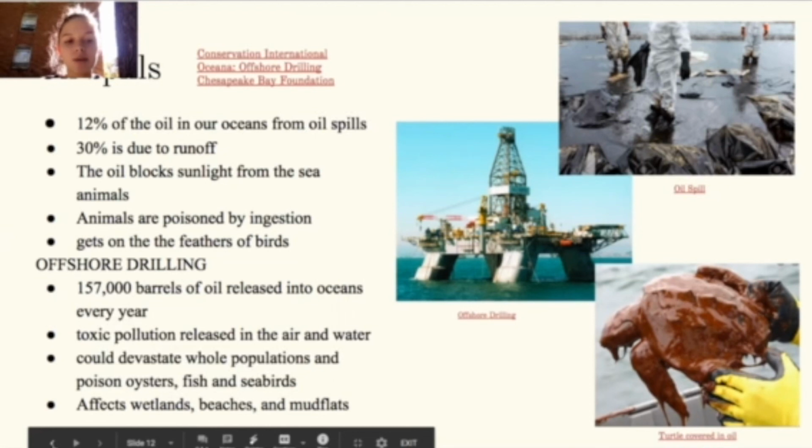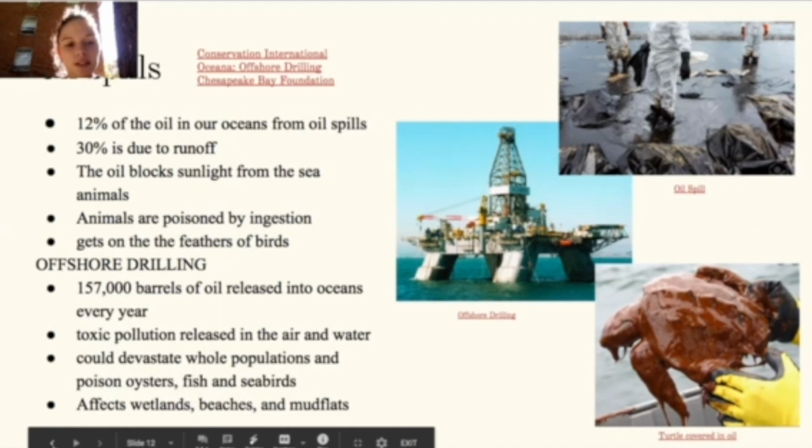The Chesapeake Bay Foundation states in their article titled Offshore Drilling that there are often oil spills from platforms, pipelines, tankers, and coastal facilities, and they alone release 157,000 barrels of oil into the ocean each year. Along with that, they release toxic pollution into the air and water from transportation, drilling, and refining oil.